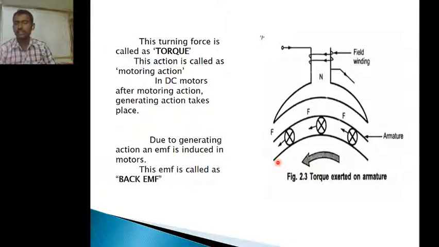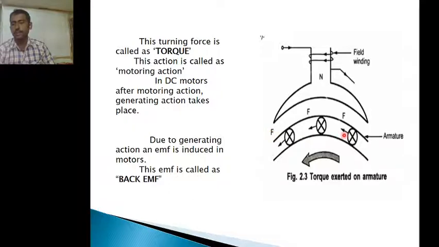The twisting force is nothing but torque, that means the force acting at some distance is torque. This torque action is also called motoring action. After the motoring action completes, our motor will be operated in the generator mode.